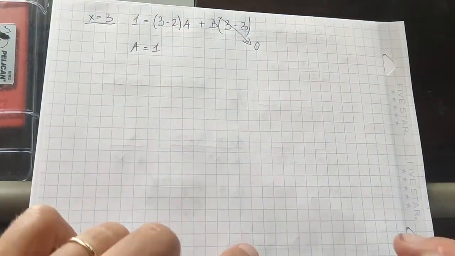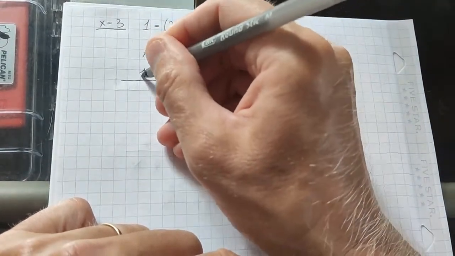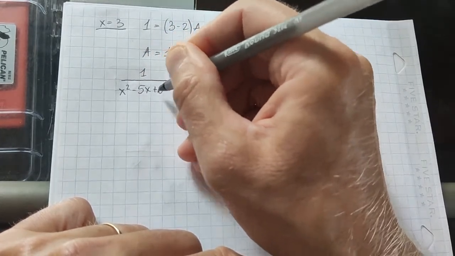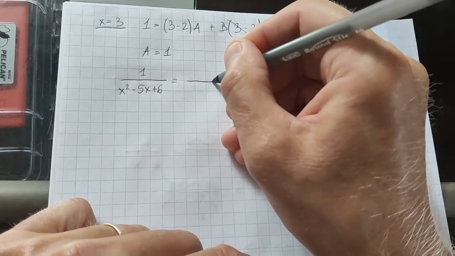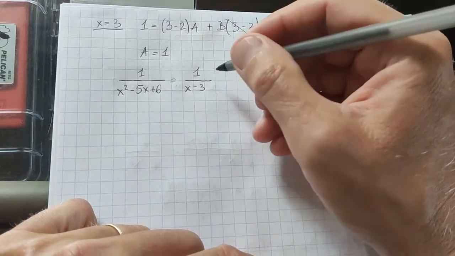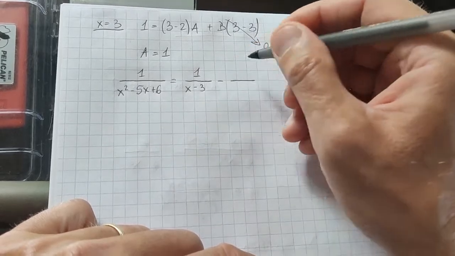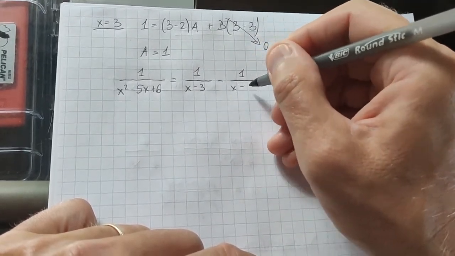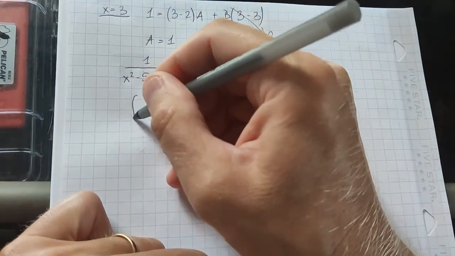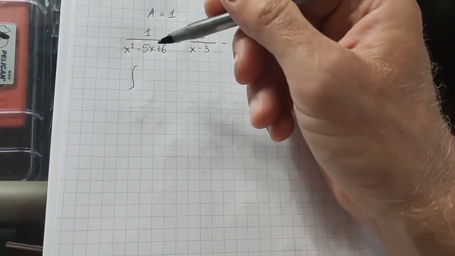Let me rewrite that decomposed fraction. 1 over x squared minus 5x plus 6 equals 1 over x minus 3, and b was negative 1, so negative 1 over x minus 2. Let's put it into our integral, because so far we haven't done any calculus.